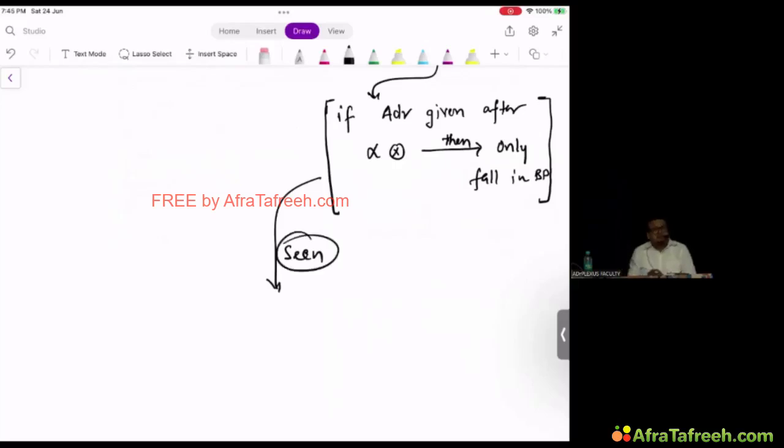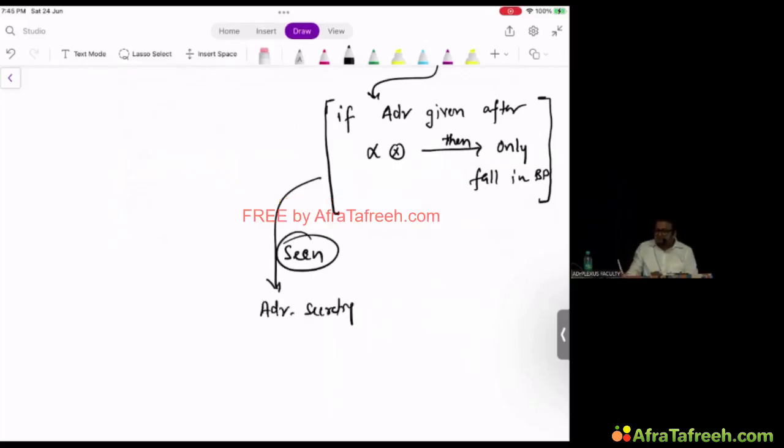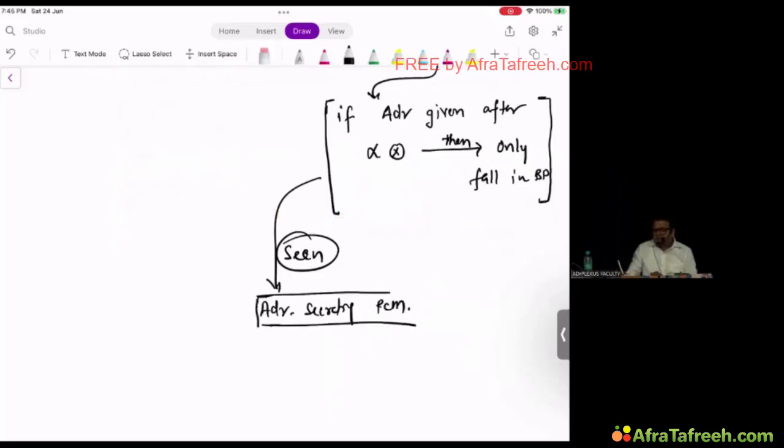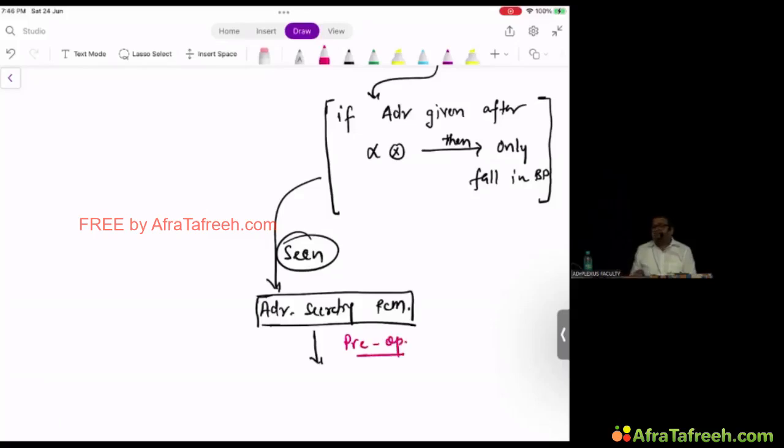Where do you see it? You see it only in adrenaline secreting pheochromocytoma. So if the patient has adrenaline secreting pheochromocytoma and you give only phenoxybenzamine, an alpha blocker, the patient will go into vasomotor reversal. So in adrenaline secreting pheochromocytoma, preoperatively, what is done?